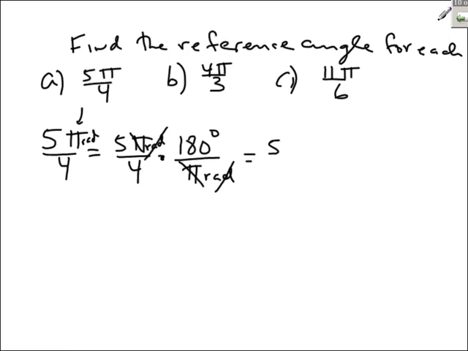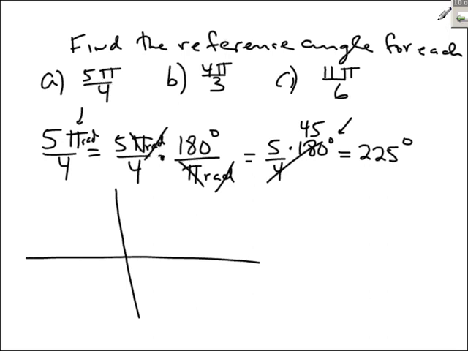What we're left with is 5 times 180 degrees over 4. Well, 4 goes into 180 45 times. 5 times 45 is 225 degrees. So, let's draw that angle and then we'll find the reference angle.